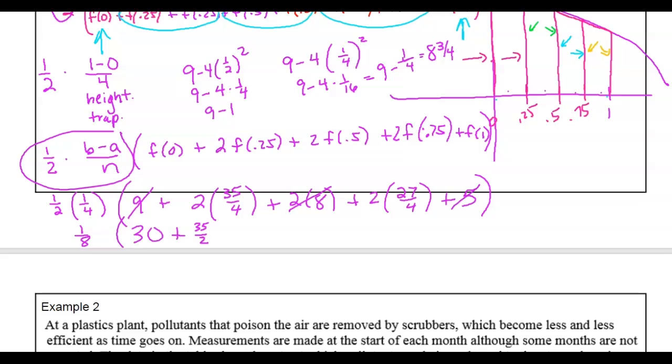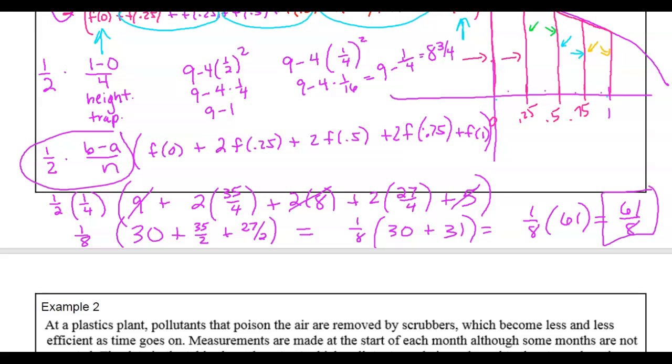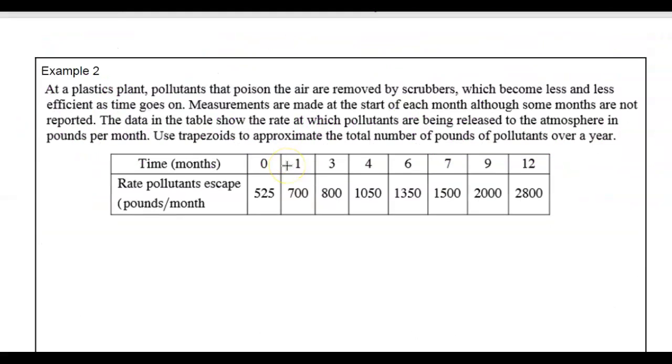And then half, so it's 27 halves, which is 1/8 times 35 plus 27, 62 over 2, which is 31. So 1/8 times 61, which is 61/8. Okay, that would be my trapezoid approximation. So you can kind of see the notation, working it out all by hand. It's really a choice.